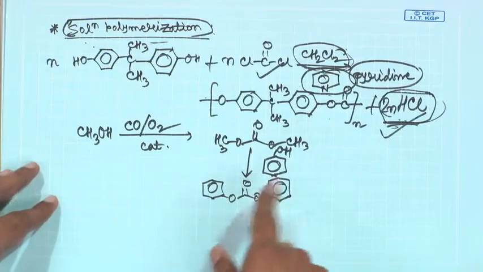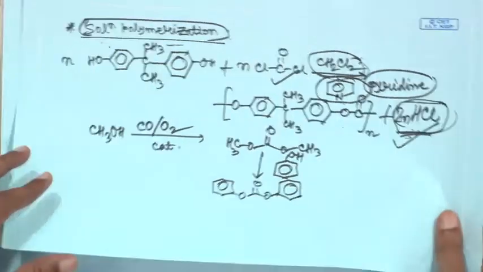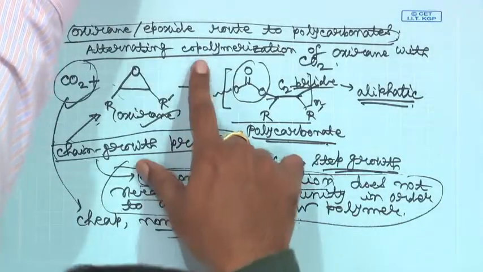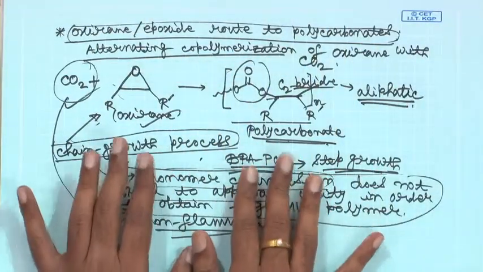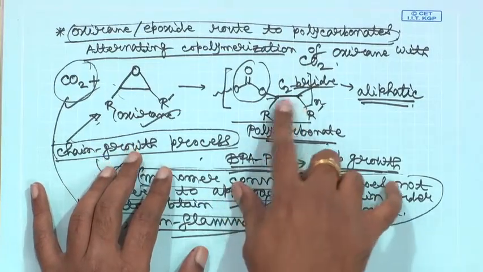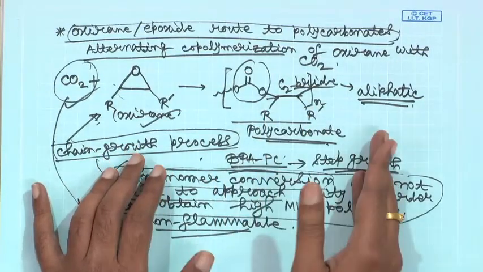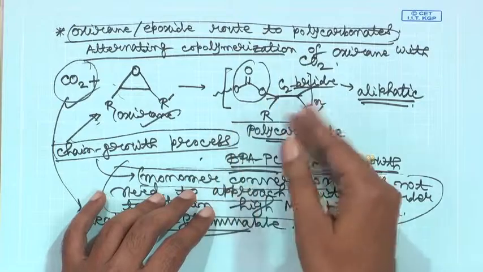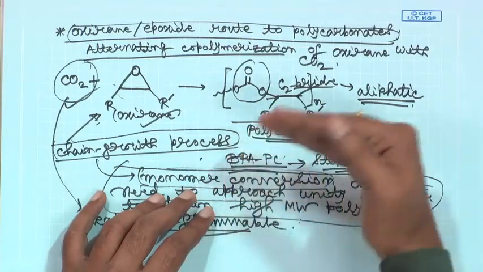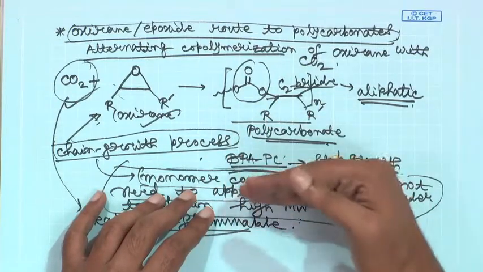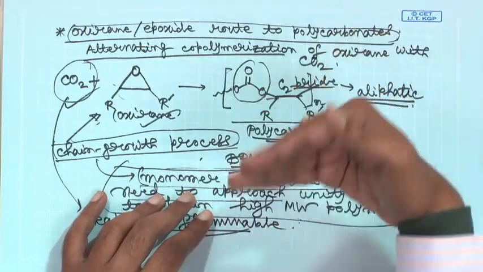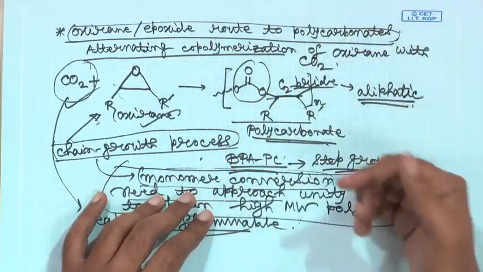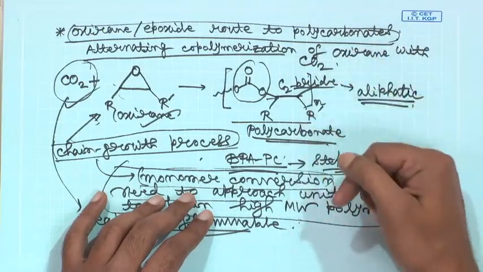We will come to this after, but let us talk about the epoxide route in somewhat more detail. We now already know this process has a disadvantage: you have an aliphatic backbone rather than an aromatic one. So, the glass transition temperature will be lower, the properties will be preserved up to a lower temperature if you compare with the corresponding aromatic backbone based polycarbonates, for example BPA, bisphenol A polycarbonates.